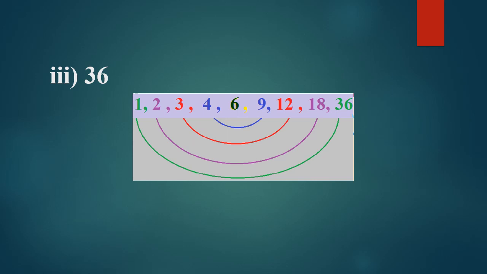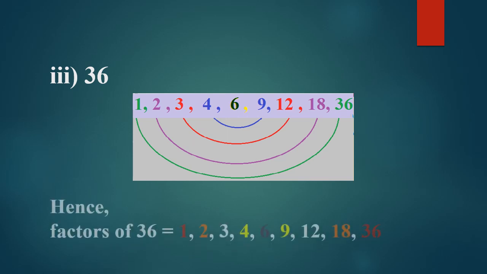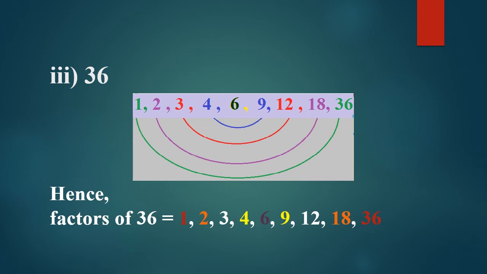Hence, we have calculated all the factors of number 36, which are 1, 2, 3, 4, 6, 9, 12, 18 and 36. Remember that we are going to write number 6 only once. There should be no repetition in the factors of a number.